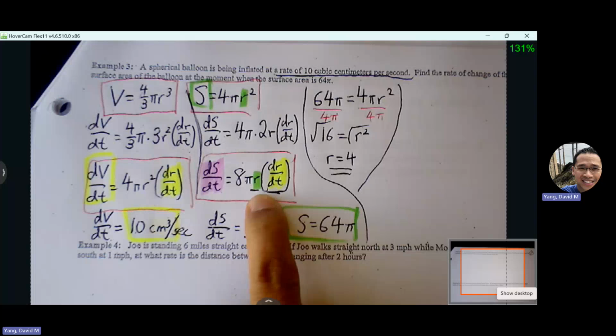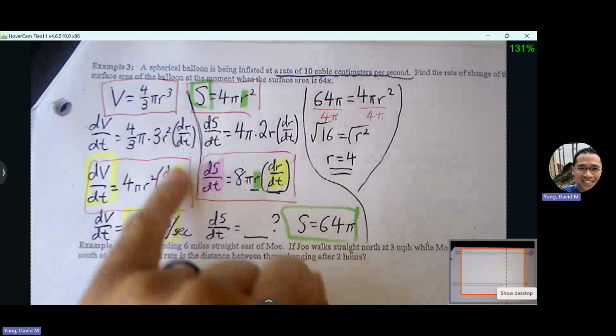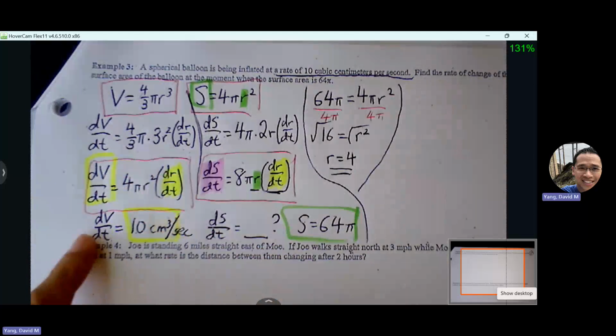All right, so that's one piece that we need. The other piece that we need is dR dt, and let's go to our dV/dt equation because we have some information from that side of things.